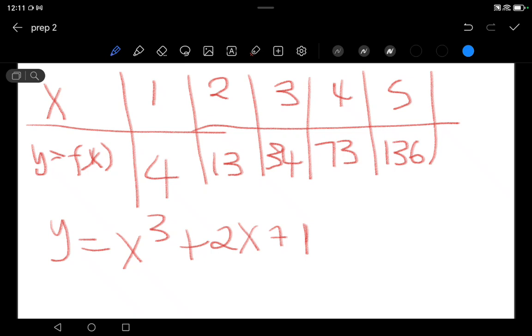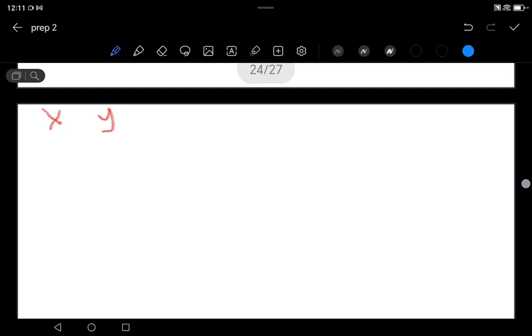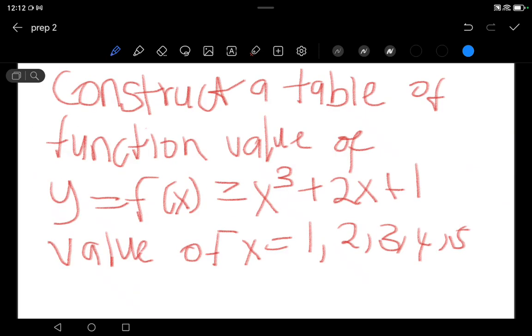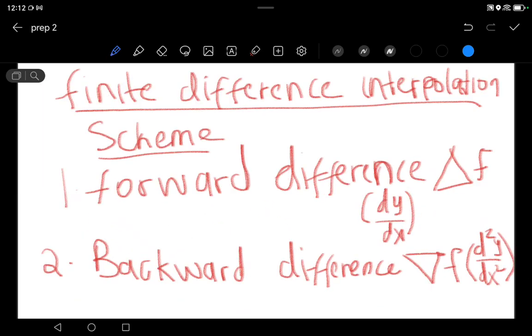Now moving forward to construct. Remember, here we want to construct a table. So we're going to write the value of x and the value of y. Remember I said for forward, we write it like this, and for backward, it faces down.